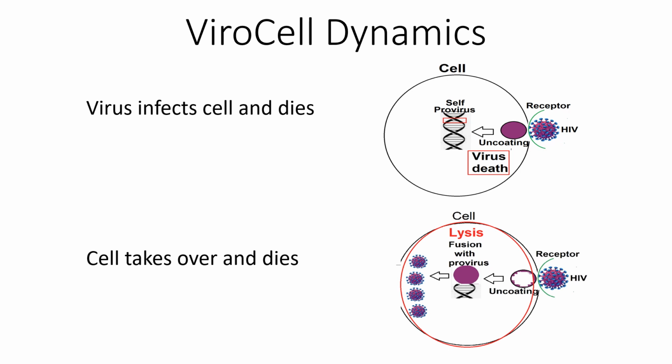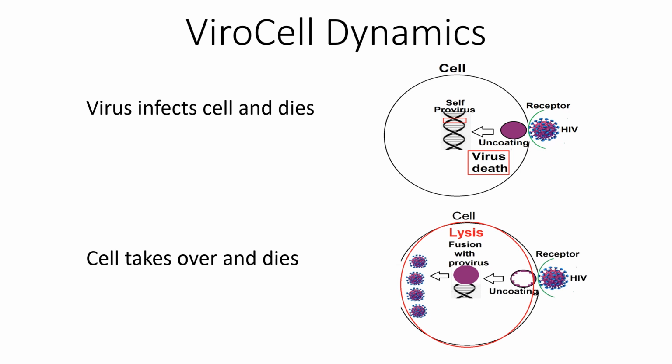Virus cell dynamics. What we see here in this infection story is that both major participants actually die. The infecting virus is uncoated, which means it loses its coat and it's actually killed, or the virus is dead.